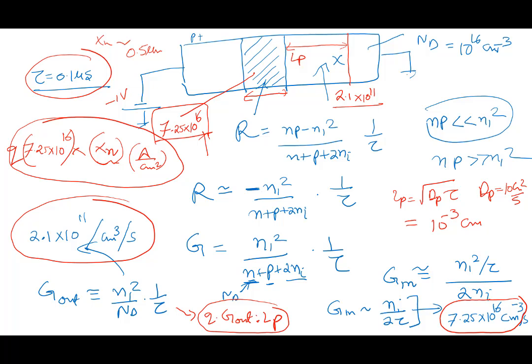Right, so I can now calculate how much is the contribution. Q times 7.25 into 10 power 16 multiplied by Xn will give me the contribution of generation within the depletion region, and this will give me generation outside the depletion region. So let's do that. One term is Q G, generation inside the depletion region, multiplied by Xn.